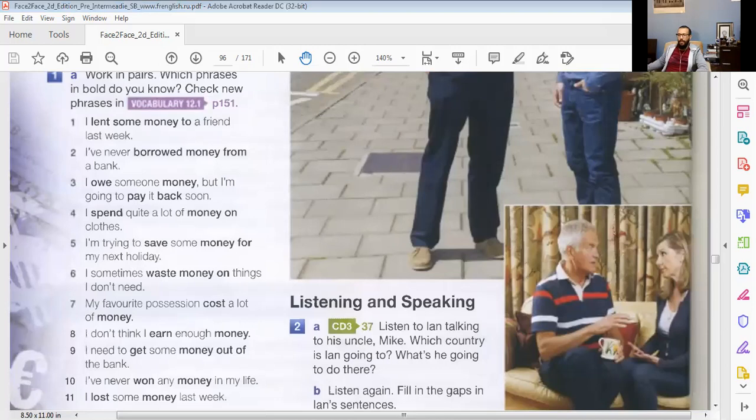Okay. Any new words in this list? No, I think. Okay. But some words are similar, like lost money and waste money.